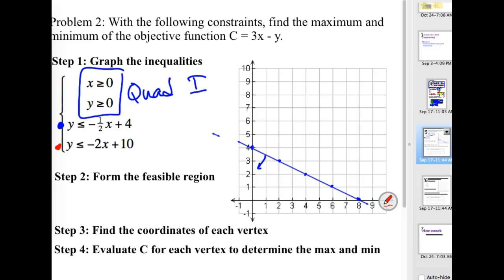Y is less than or equal to negative 2x plus 10. So we're going to start that one at 10 and do a negative 2 slope. So down 2, right 1.